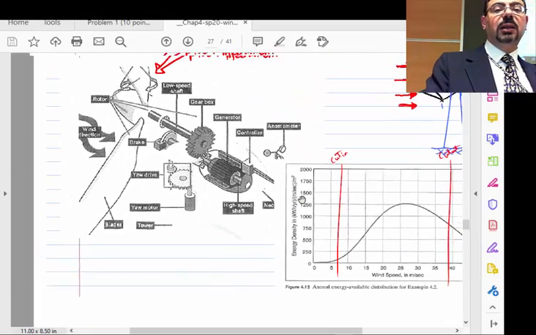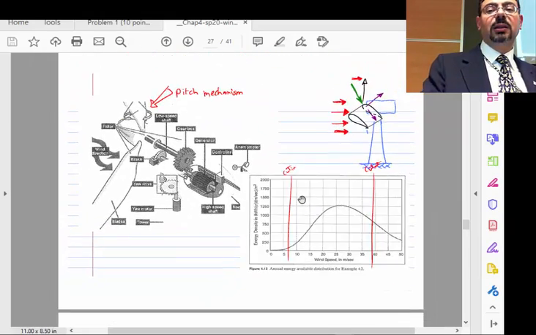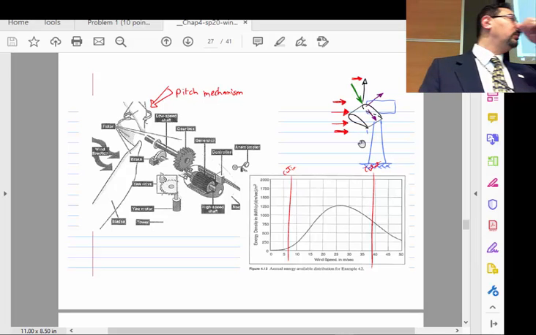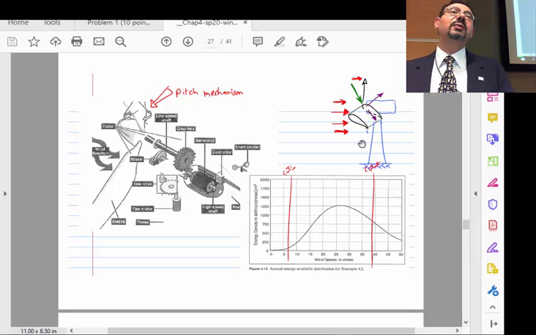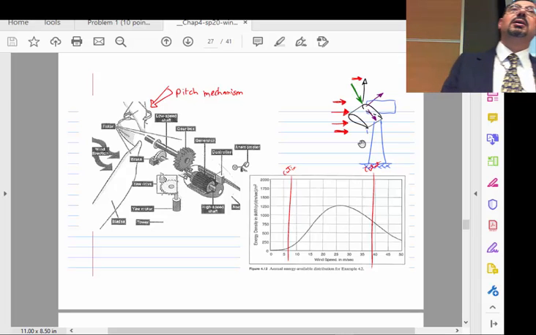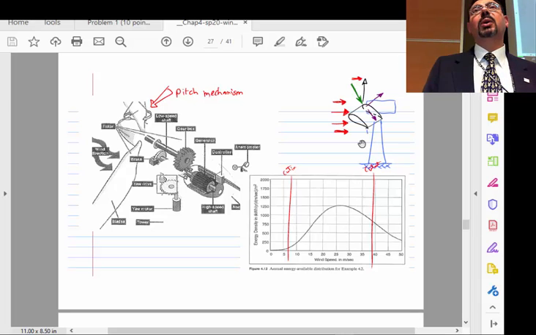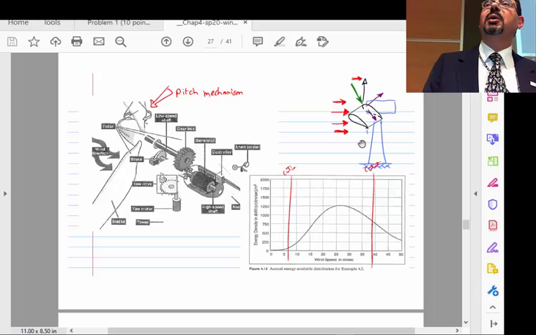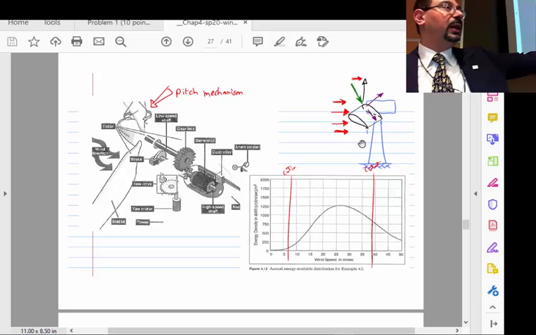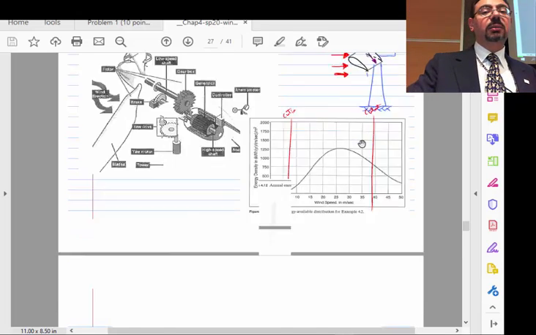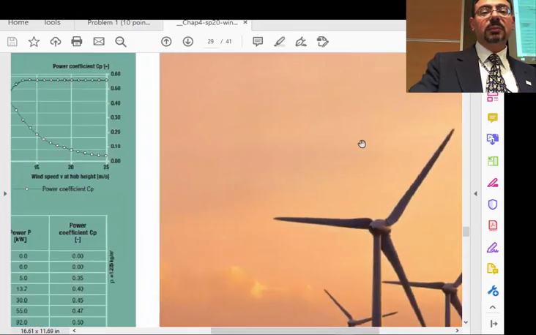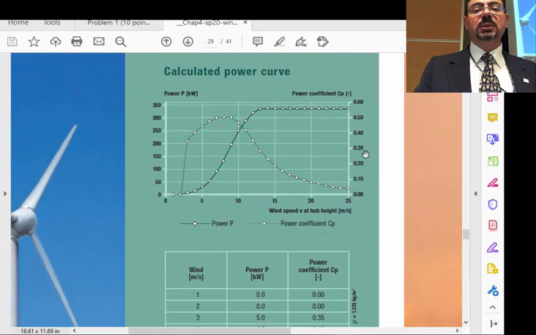That angle maybe shouldn't be optimal. Maybe we shouldn't really get the maximum lift. Maybe we should start making it not perform that well. Why? Because we don't want it to get all the power available to it, because if it does, it will go beyond the rated power. So by this control of the blade, you can start making it perform badly on purpose, so its CP will start dropping.